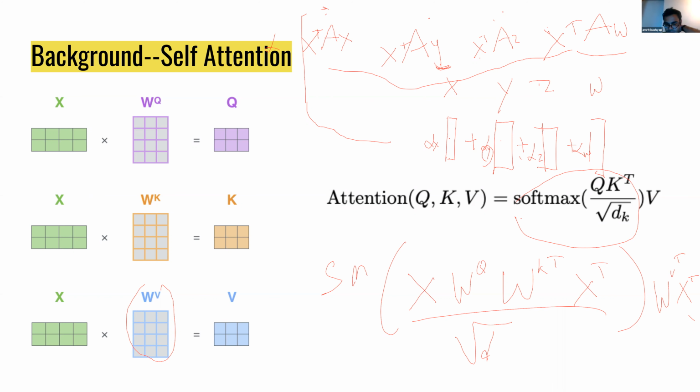Could I ask a question real quick? So maybe I missed this, but what are the queries, keys, and values? Is this like one language and then the keys are a different language? No. Look at what I just have on. I don't know if you can see my mouse. The weights are just differently randomly initialized weights.